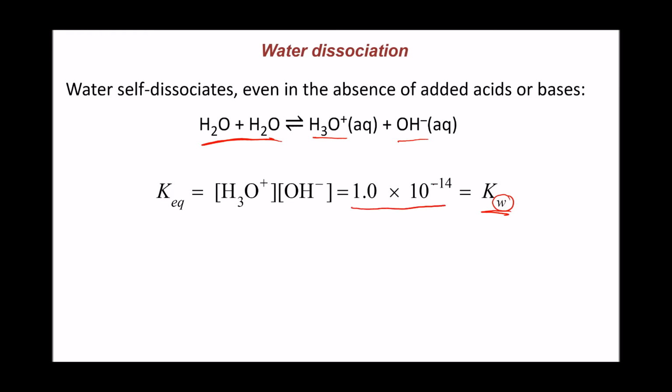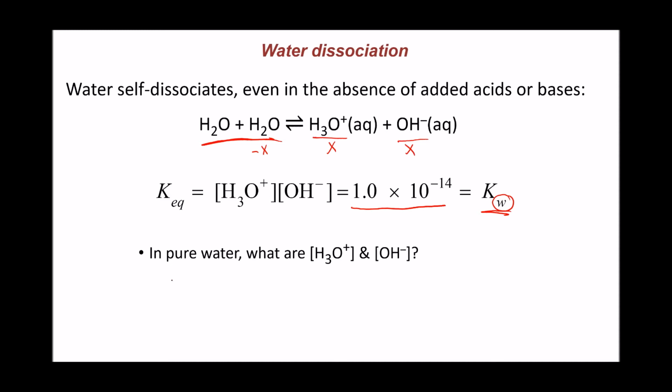And according to this, you can actually calculate the concentration of both of these ions in pure water, because if you start with an X amount of decomposition from water, it is going to produce the same number of moles of hydrogen ions and the same number of moles of hydroxide ions.